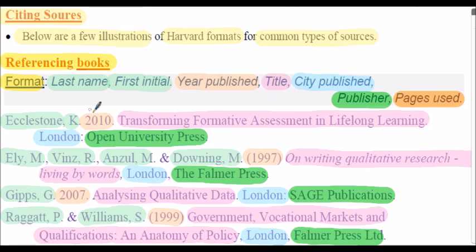Something else to note is that with regards to year published, Eccleston's book has been stated with no parentheses, as is Gibbs' book, but notice this reference has stated the date in parentheses, and so has this reference. And again, this just highlights the subtle variations that can occur within various bibliographic packages, even when the Harvard citation style is selected.